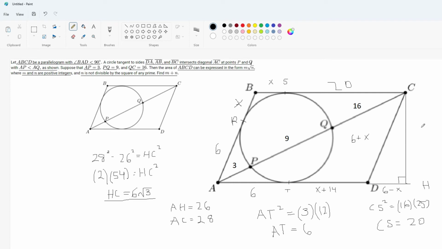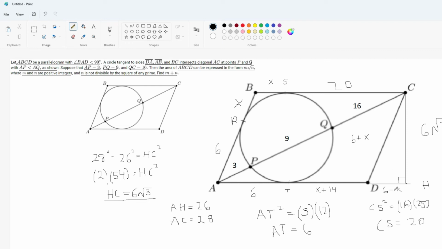And now we know the length of HC, 6 root 3. But since it's a right triangle in which we have pretty much just one variable, we can use the Pythagorean Theorem again and then solve for the value of x that works.